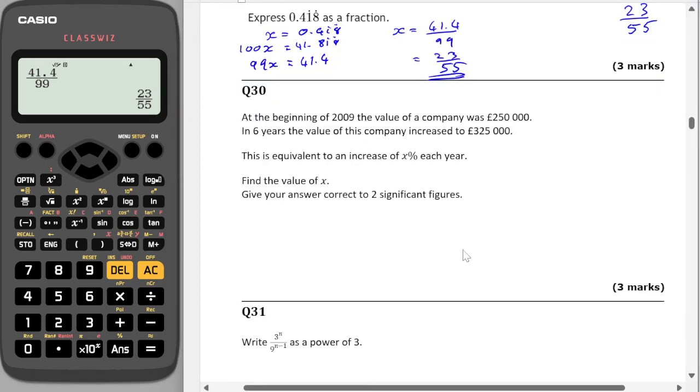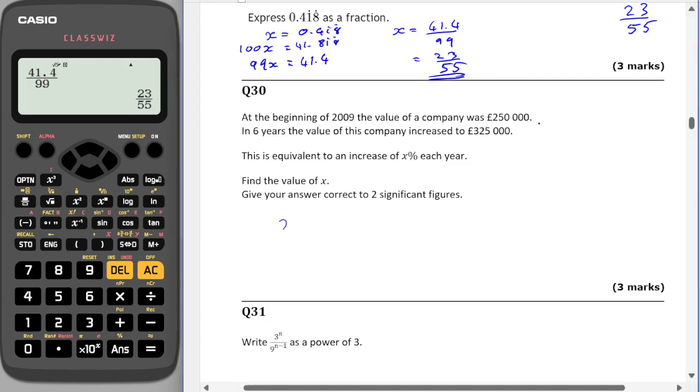Right, question 30. At the beginning of 2009, the value of a company was 250,000. In 6 years, the value of the company increased to 325,000. This is equivalent to an increase of x% each year. Find the value of x, giving your answer correct to two significant figures.